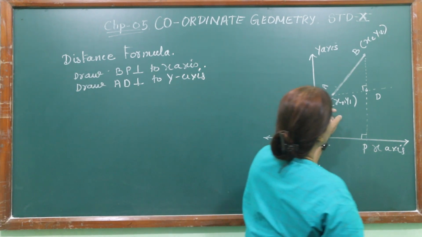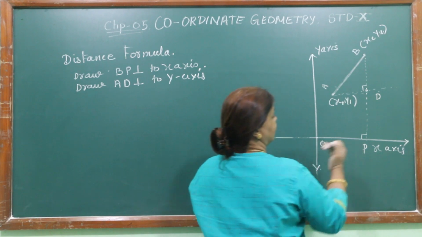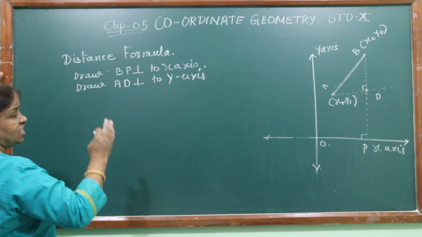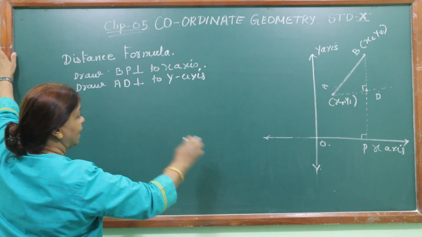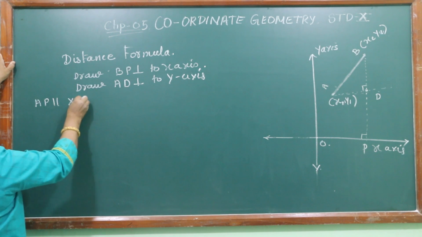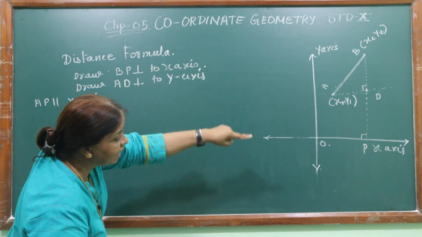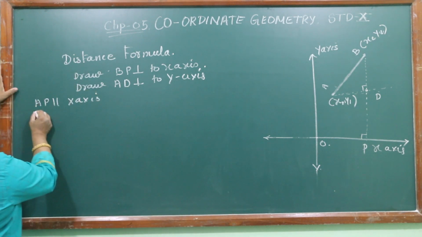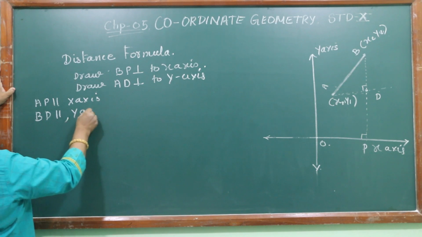Now if you go to see, children, AD is parallel to x-axis. If it is perpendicular to BP, then AD is parallel to x-axis, and BD is parallel to y-axis. BD is parallel to what? Y-axis, children.